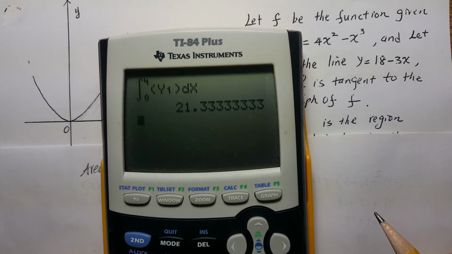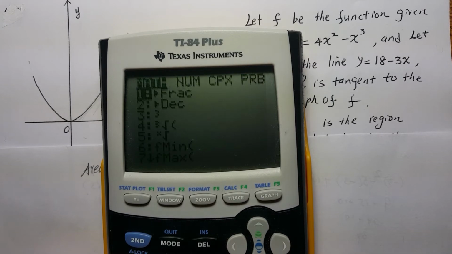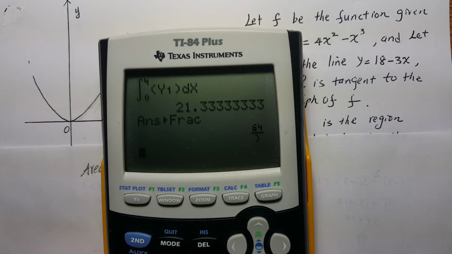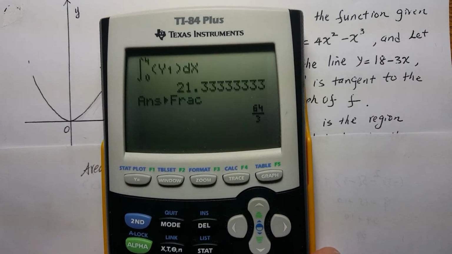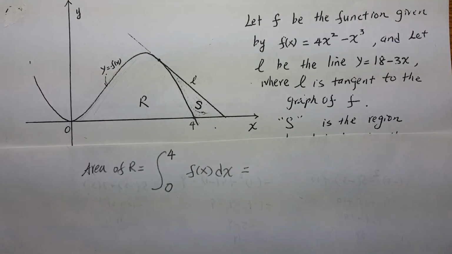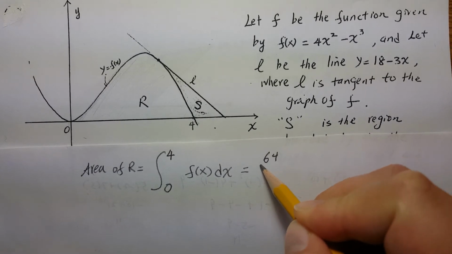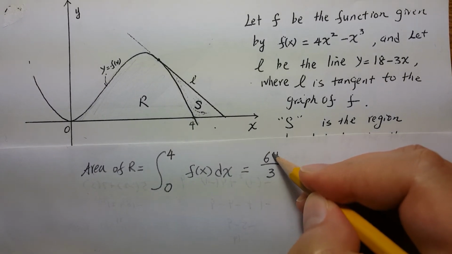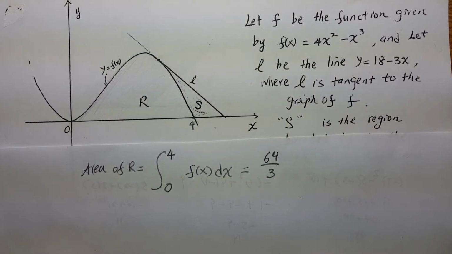So now I get 21.333, which is going to be a fraction because you can see it is repeating the 3. So math frac. So I get 64 over 3. So the exact answer is 64 over 3. So I finished finding the area of R.